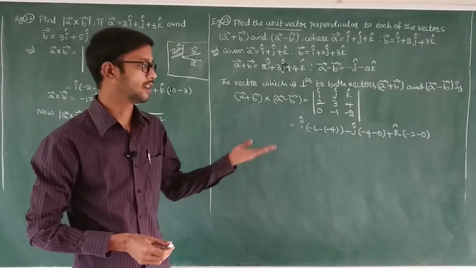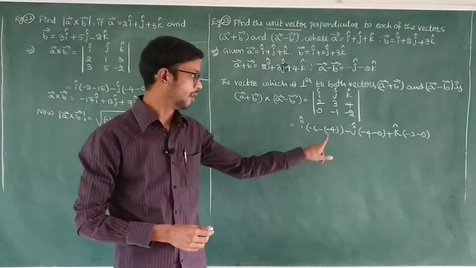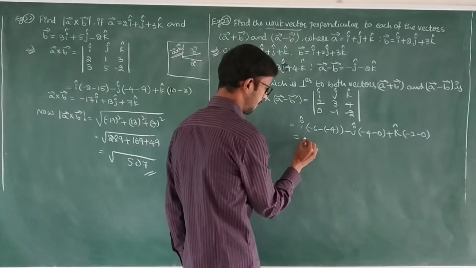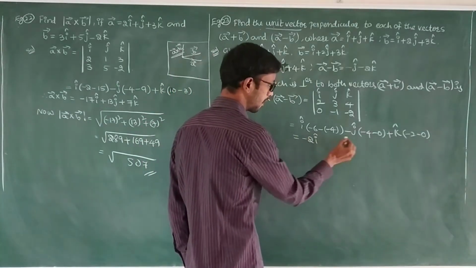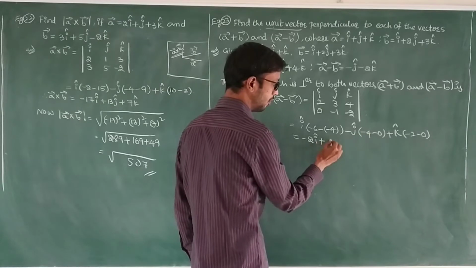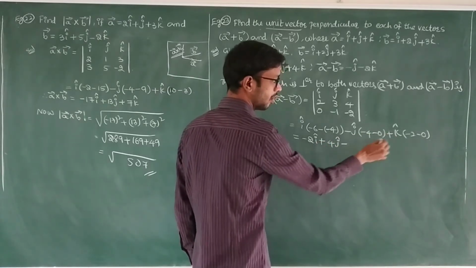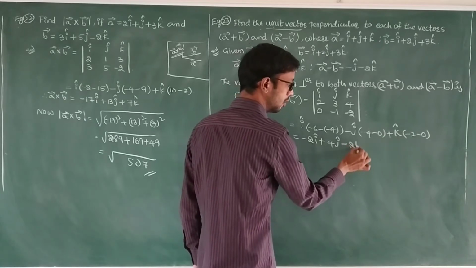This is just a determinant; we are finding the determinant. Plus 4 minus 6 is minus 2i. Minus into minus is plus 4j. Minus into plus is minus 2k cap.